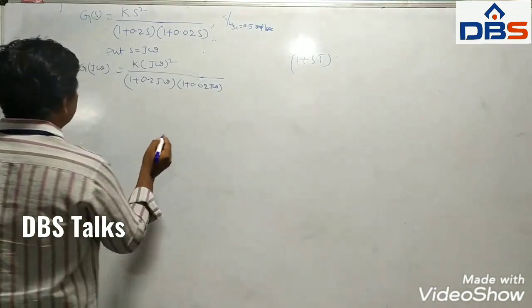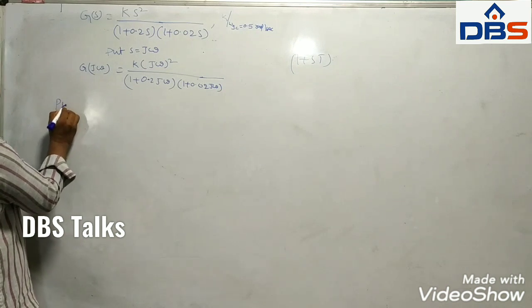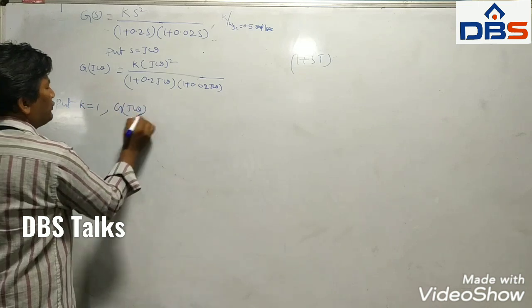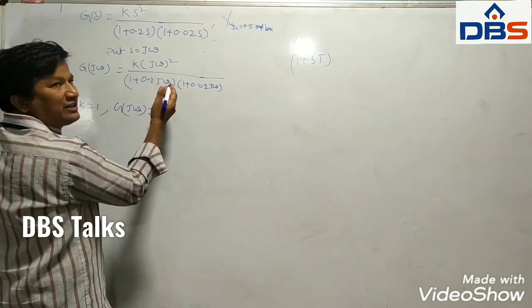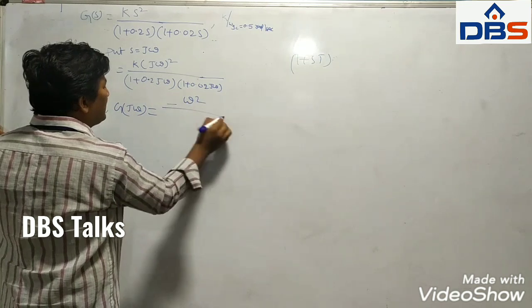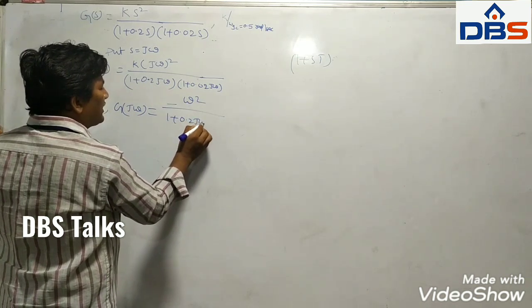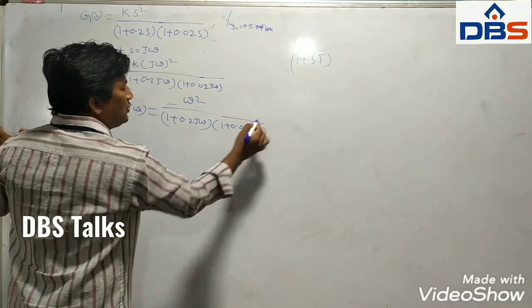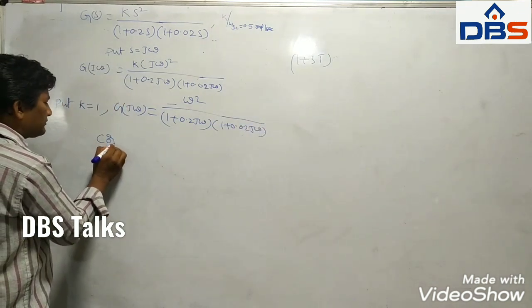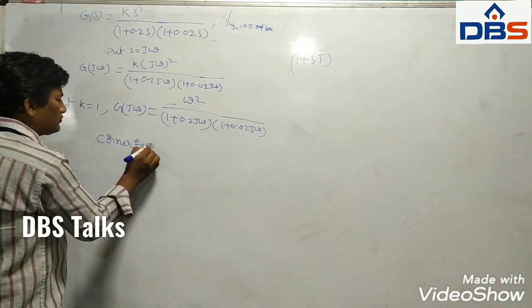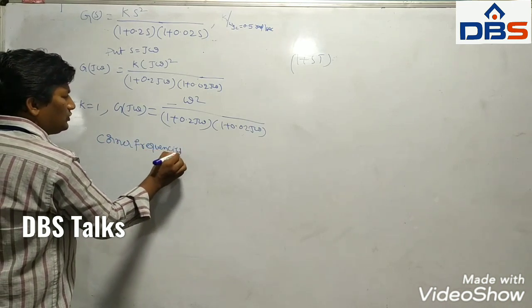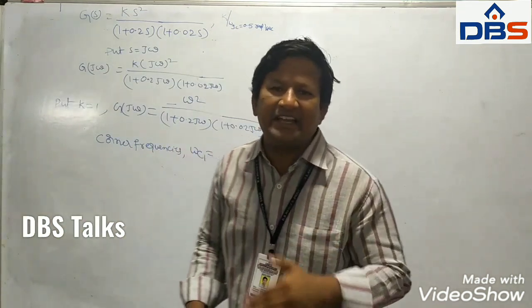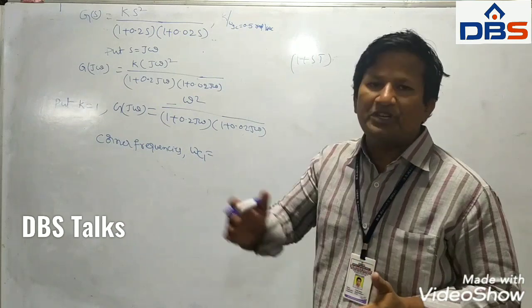Suppose we put K equal to 1, then G(j omega) equals minus omega square by (1 plus 0.2 j omega)(1 plus 0.02 j omega), since j square is minus 1. The corner frequencies must be arranged in increasing order.